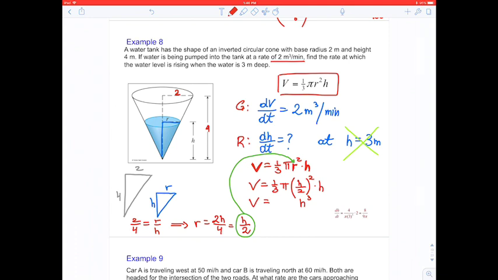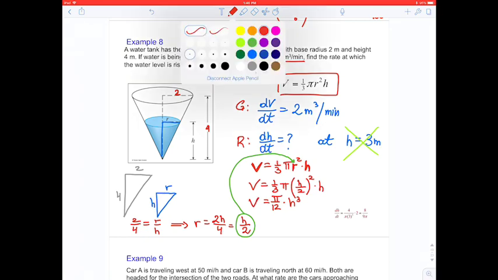We have 1/3 and 1/4, which is 1/12 pi. Oh, I can put pi on the top. And I can put h cubed a little bit closer. Okay, that means this relation is perfect because it just relates volume and h.